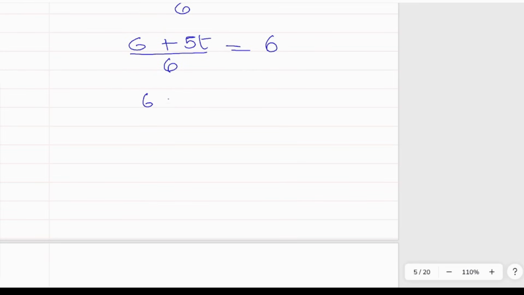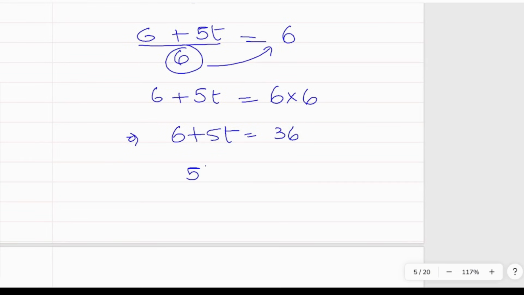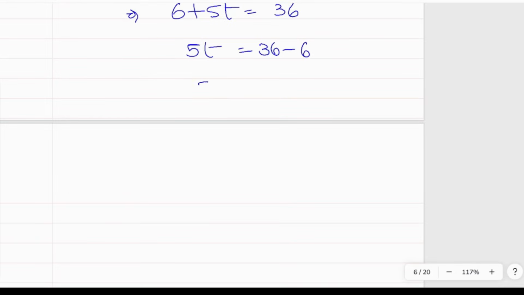Now I can write 6 plus 5t. This 6, I will take it to this side. That is 6 into 6, which is equal to 6 plus 5t equal to 36. Therefore, 5t equal to how much? 5t equal to 36 minus 6, which equal to 5t equal to 30.